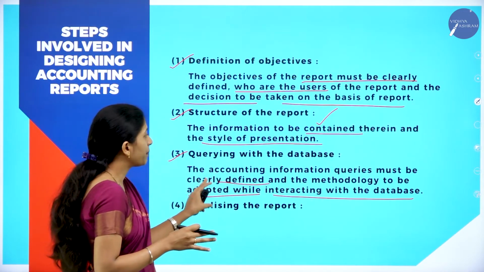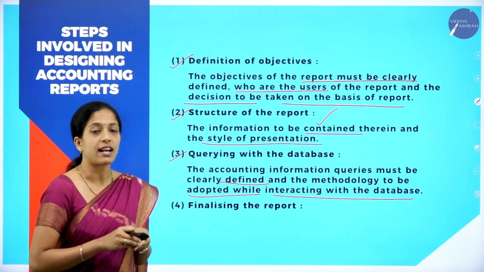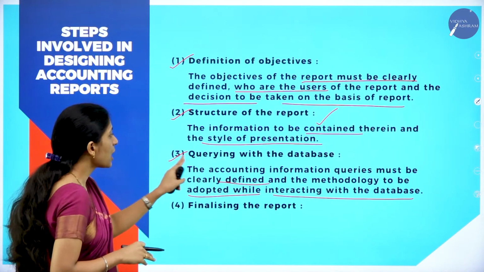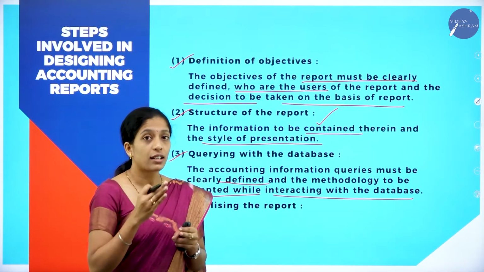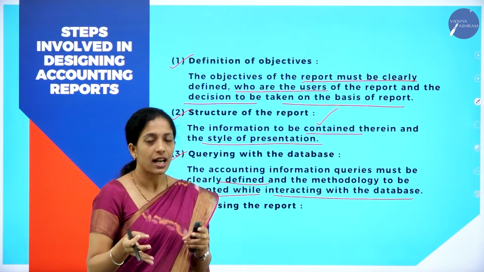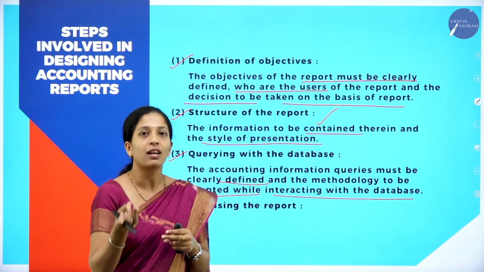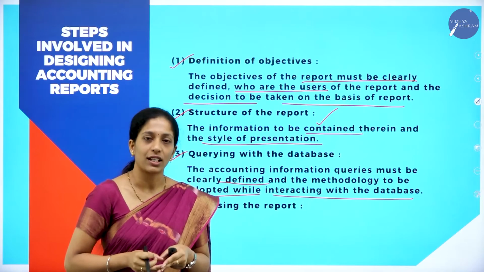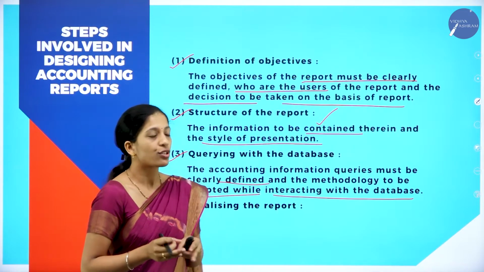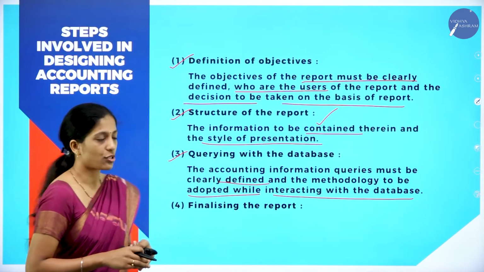So everything about the data will be discussed under the third step, that is querying with the database. Of course, we know who are the users, how it has to be presented. Now, in order to present that particular information, what are the raw data that has to be collected? So that is decided in the third step.